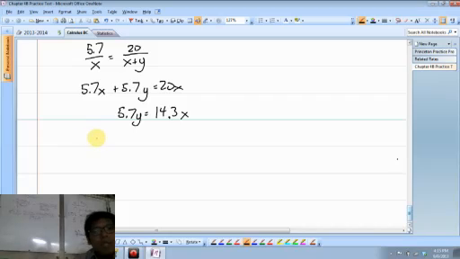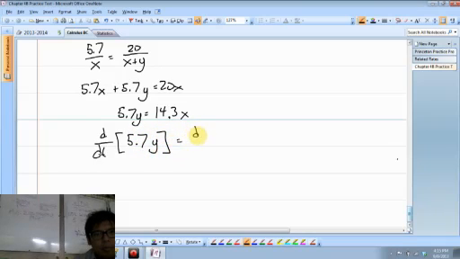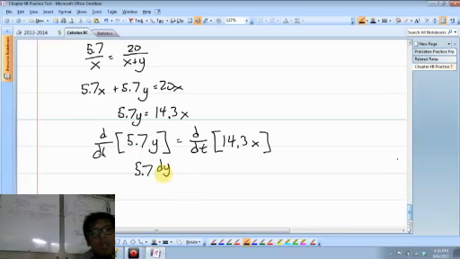Let's take derivatives. We're going to take derivatives with respect to time because we want to get a rate. The derivative of 5.7y is 5.7 dy dt, 14.3 dx dt.